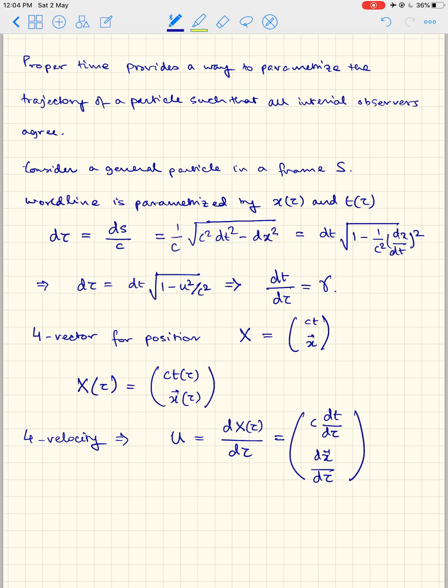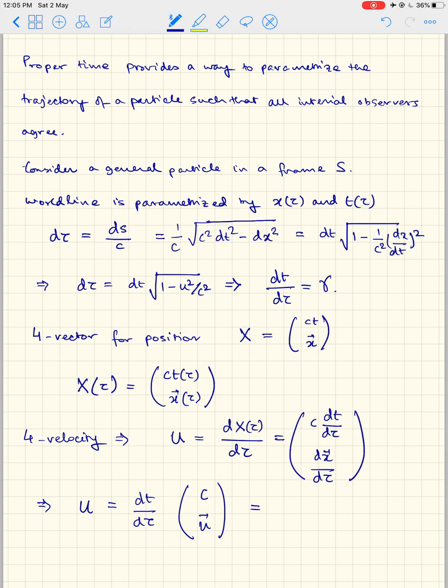If you pull out dt d tau, this just becomes dx dt, which is nothing but the u 3 vector again.